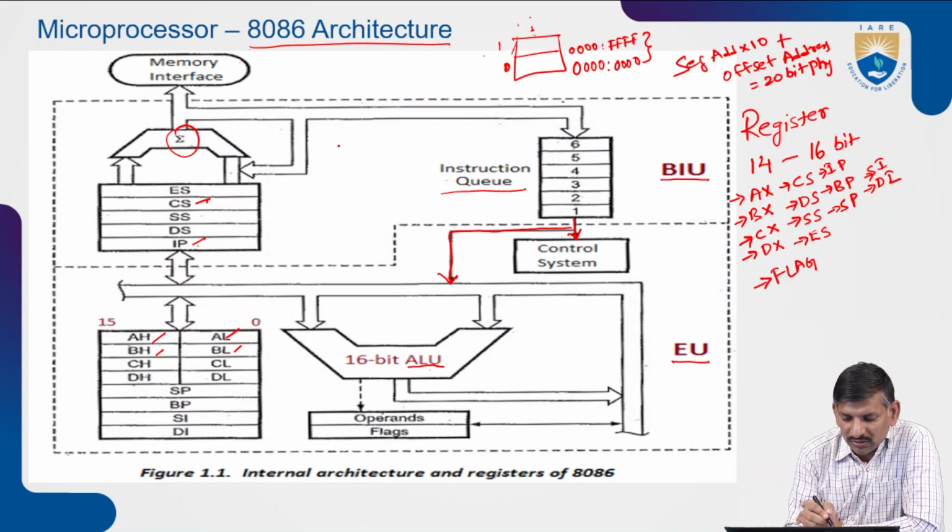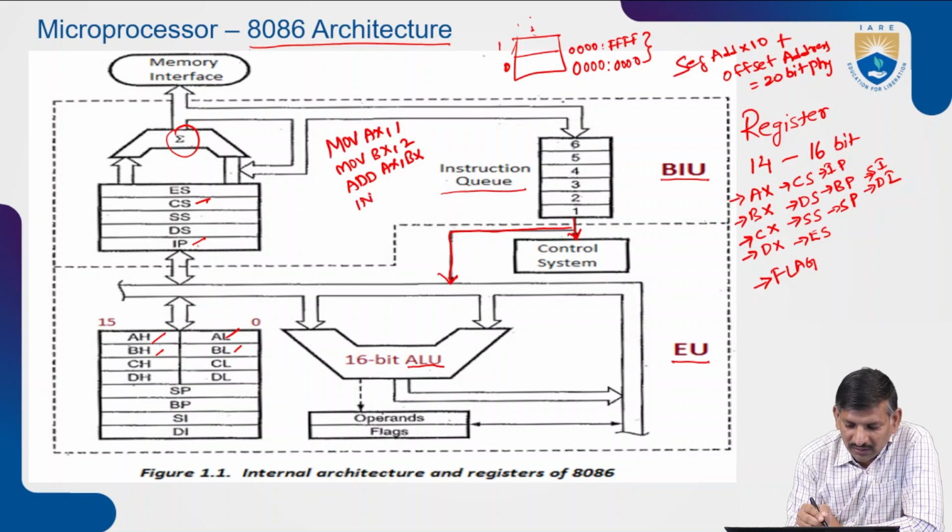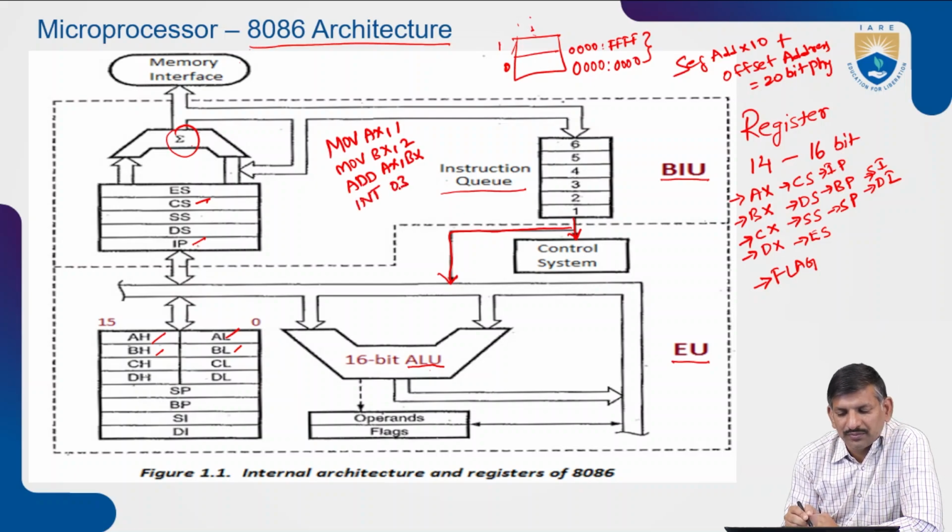Suppose MOV AX, 1; MOV BX, 2; ADD AX, BX; INT 0. In the accumulator I am storing 1. In the base register I am storing 2.